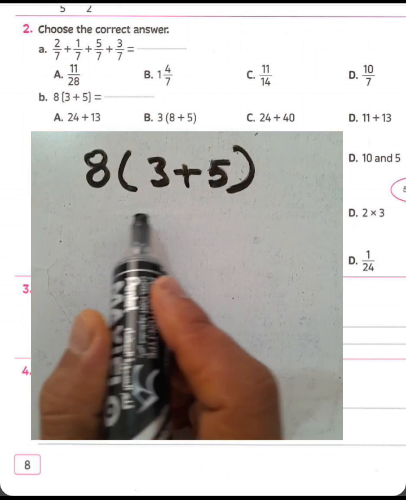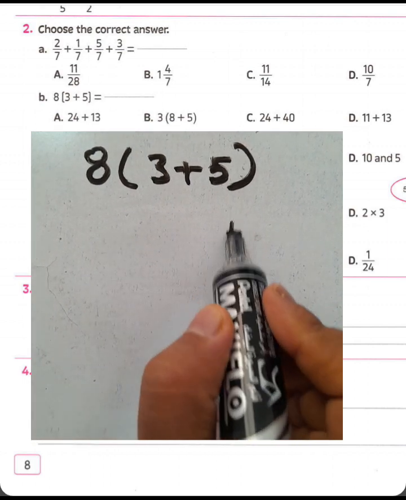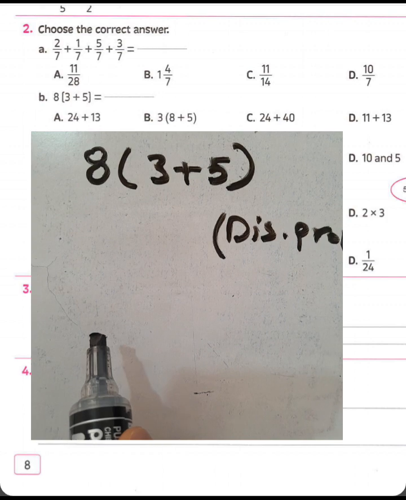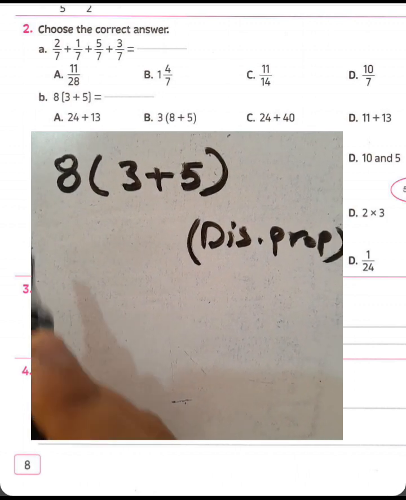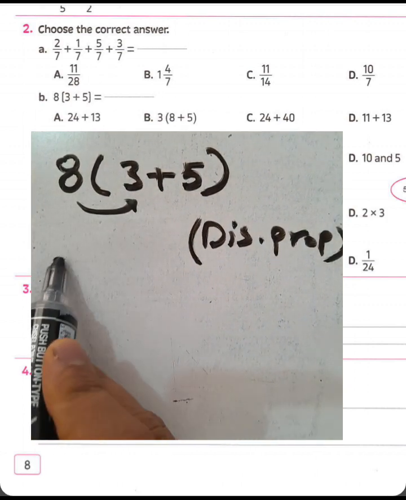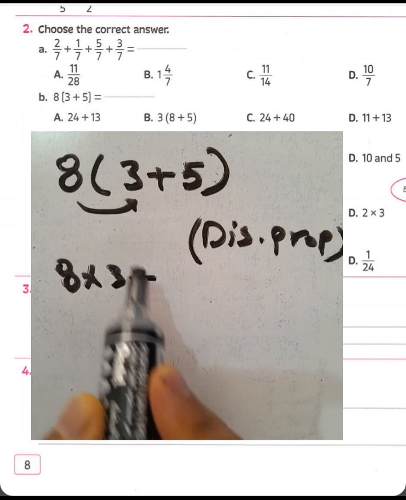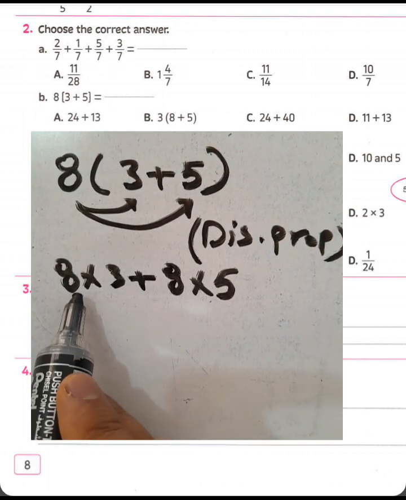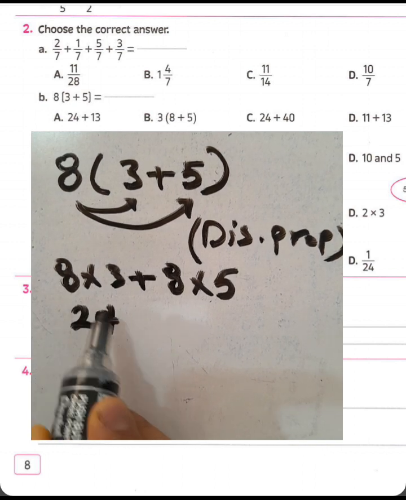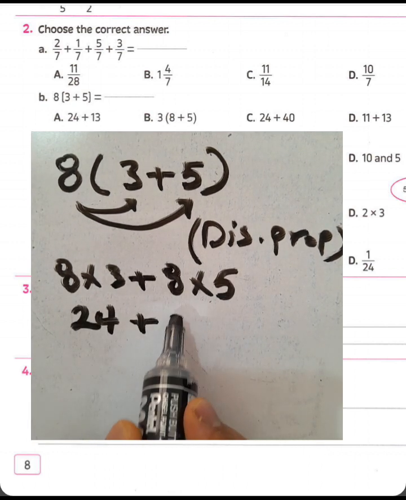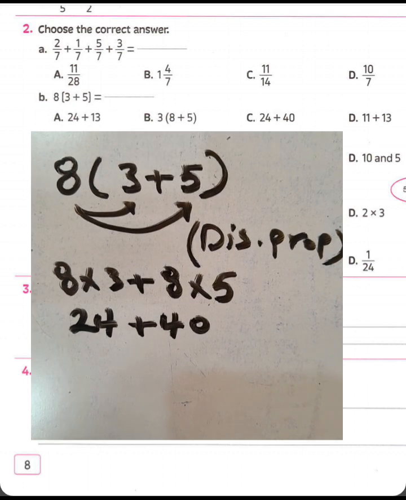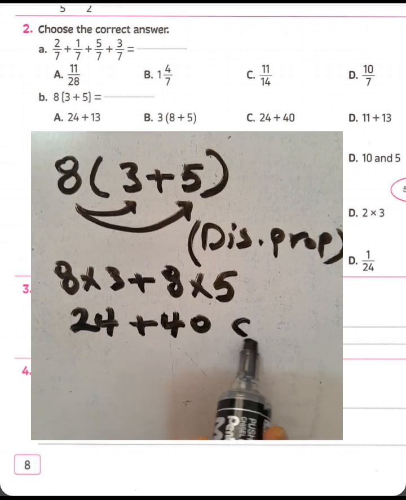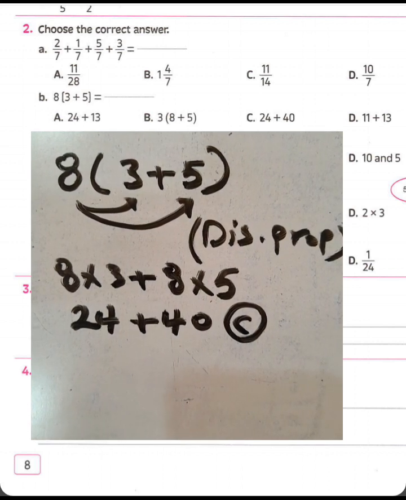We can use the distributive property: 8 multiplied by 3 plus 8 multiplied by 5. 8 times 3 is 24, and 8 times 5 equals 40. 24 plus 40, so choose letter C for question B, okay?